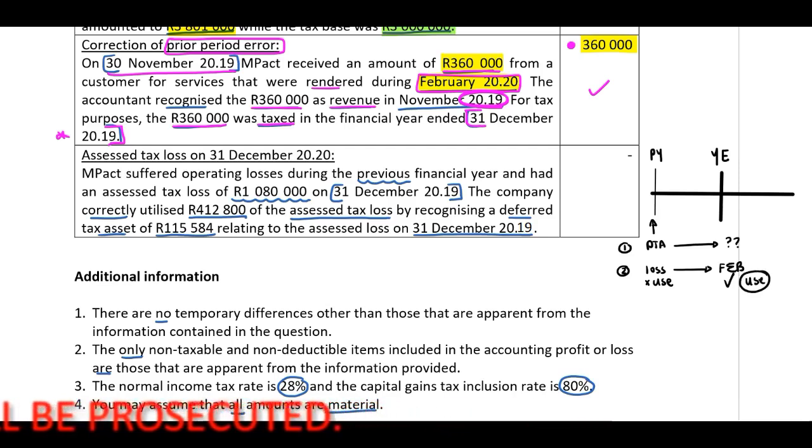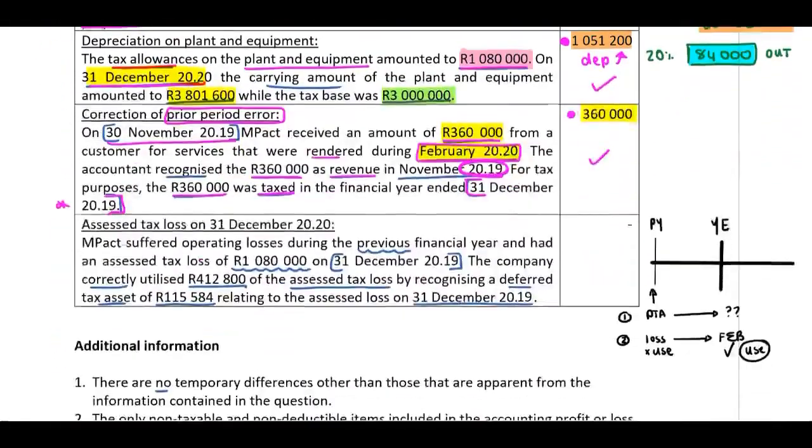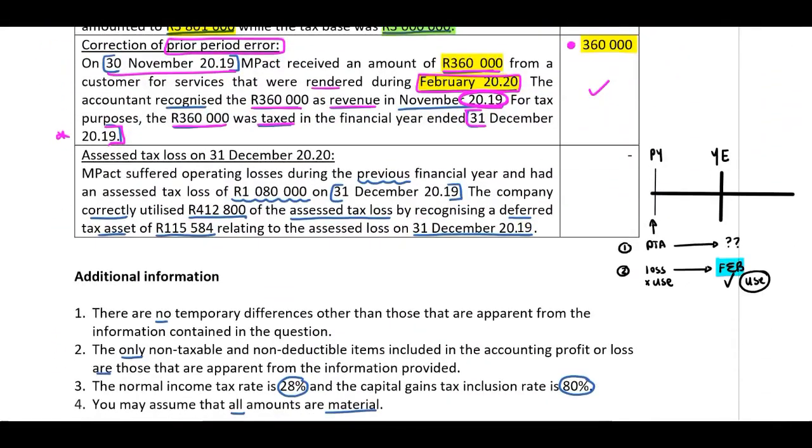Okay. Now, if you look at the information provided, they've indicated to us that there is an accounting profit of 6.9 million. Therefore, we are able to identify that there is future economic benefits in this year. Therefore, we may now use that loss in this year.